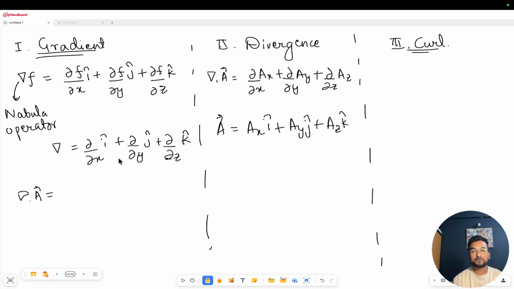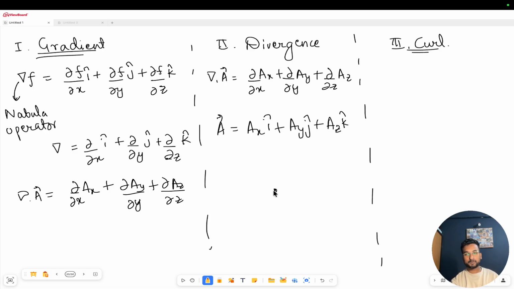When you do the dot product, you will get del ax by del x plus del ay by del y plus del az by del z. So this will be divergence. From a given point, this will give you how much the vector field is diverging.